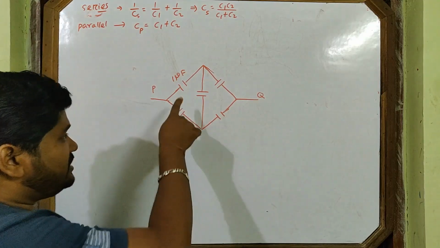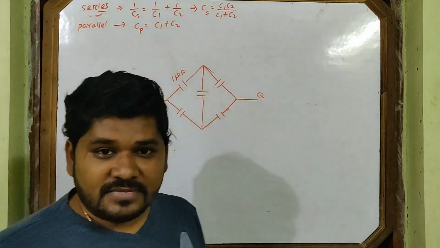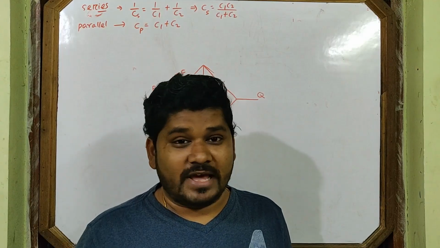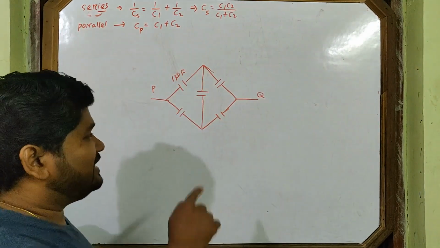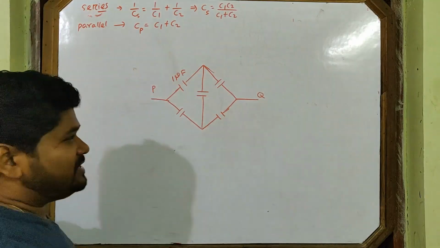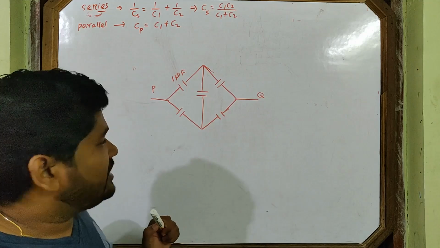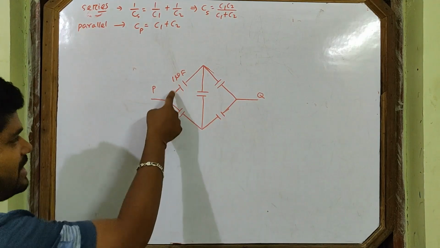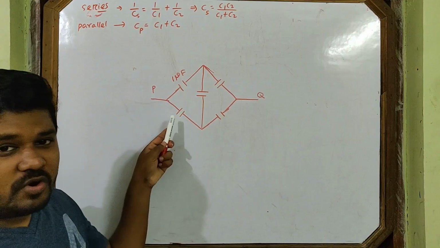Are they in series? No, they are not in series. Why? Because the middle one is connected here, and one wire comes through this. So these two are not in series connection. Are these two in parallel connection? No, they are not in parallel.